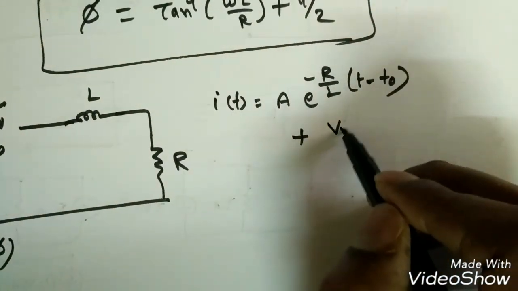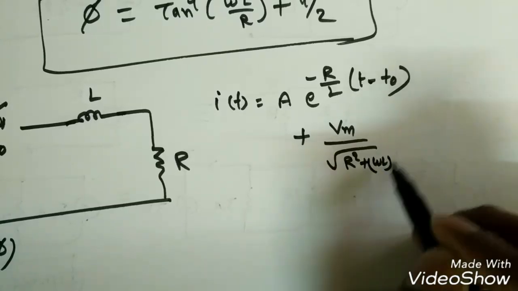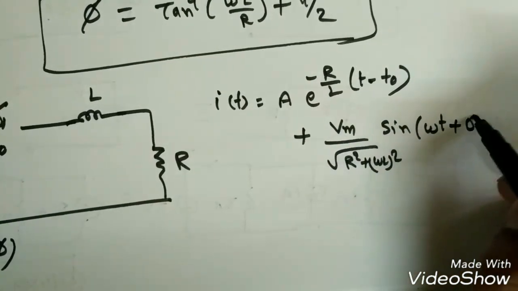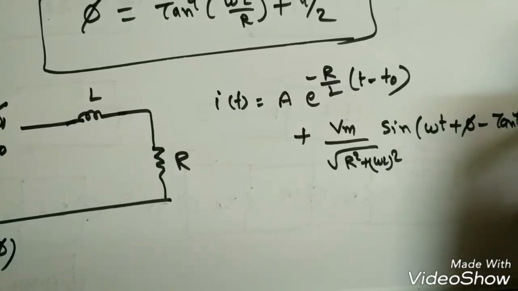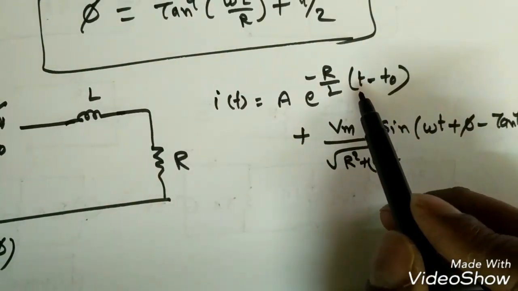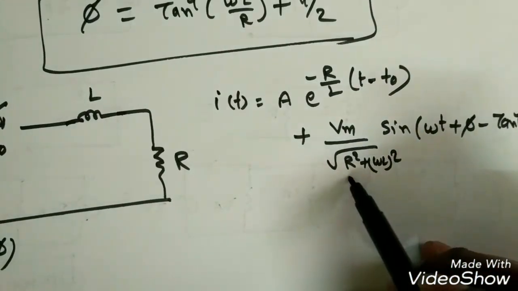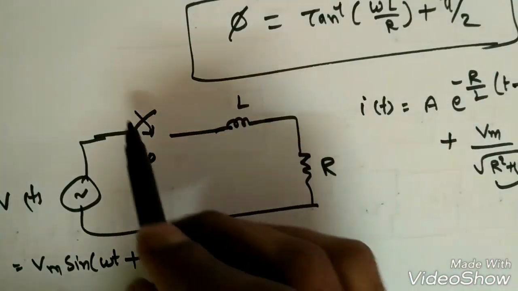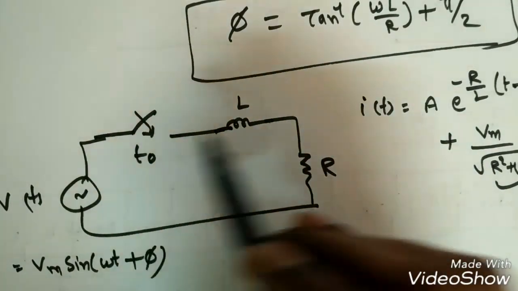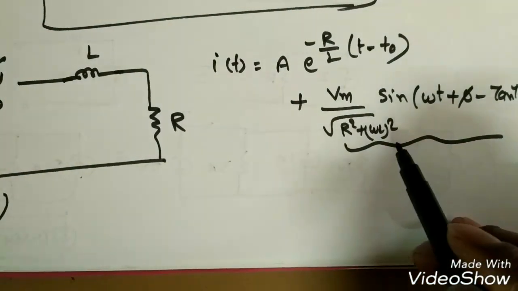Plus here we will get the same, that is Vm by square root of R square plus omega L whole square into sine of omega t plus phi minus tan inverse omega L by R. Now may I ask, here we have taken t minus t naught, but here we did not take t minus t naught. This response is after the switch is closed. After the switch is closed, it is v of t, L and R, so we can apply the same KVL, then we can find the same steady state response like this.